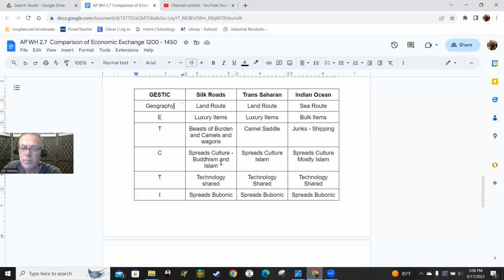Let's look at culture. Religion is being spread along all these routes. On the Silk Roads, it's Buddhism going primarily from India eastward toward China, Japan, Korea, Vietnam, the Khmer Empire, etc. Islam is also traveling in both directions.